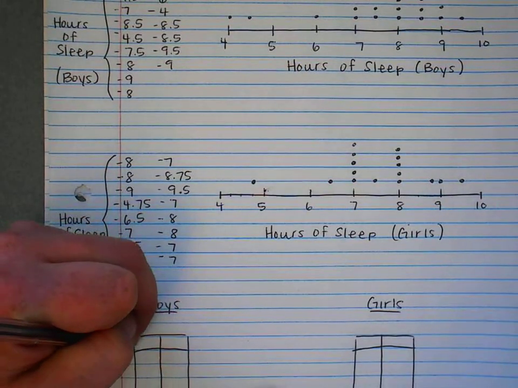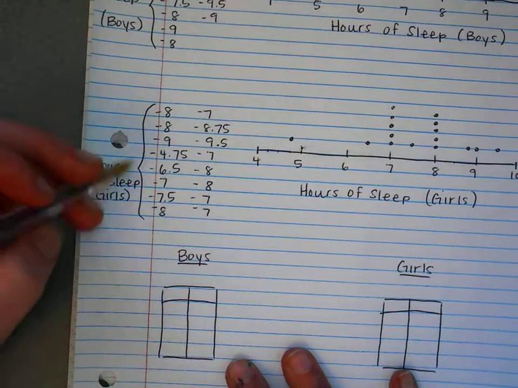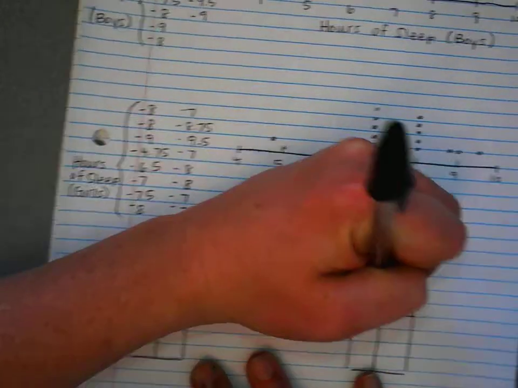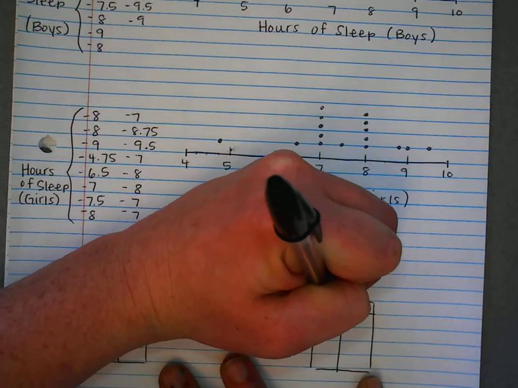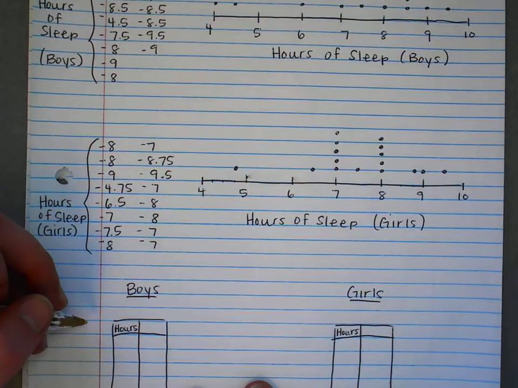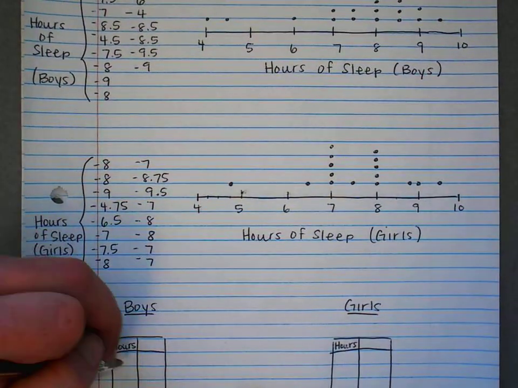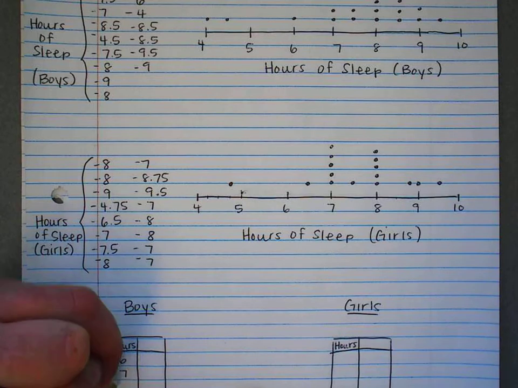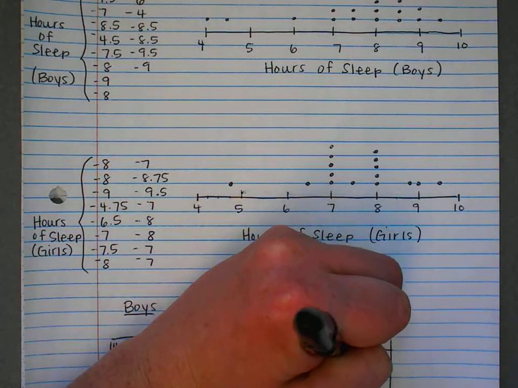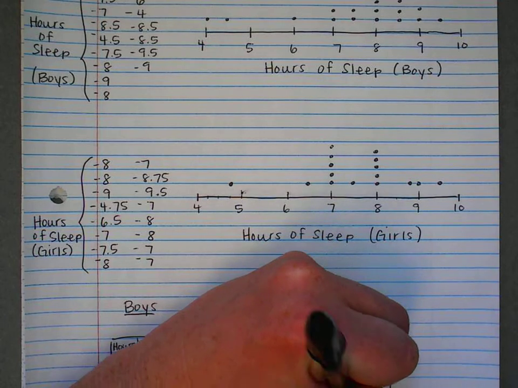On this side will be the hours of sleep for both boys and girls. I'm going to record, just for kicks, who got 6 hours, who got 7, who got 8, and who got 9. And we'll go 6, 7, 8, and 9 for the boys as well.